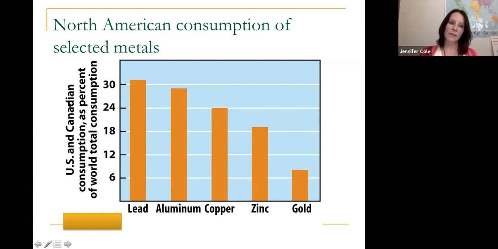So this is US and Canadian consumption as a percent of world total consumption. So this is North America, essentially, minus Mexico. You see lead, 30%. We're less than 5% of the population, and we use a quarter or more of these three, and then lesser amounts of zinc and gold, but enormous amounts. So this is, many people would say, not a fair situation.